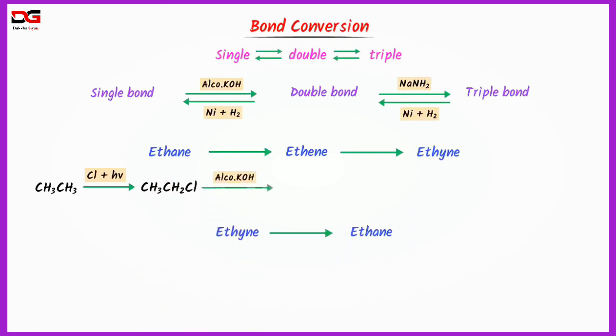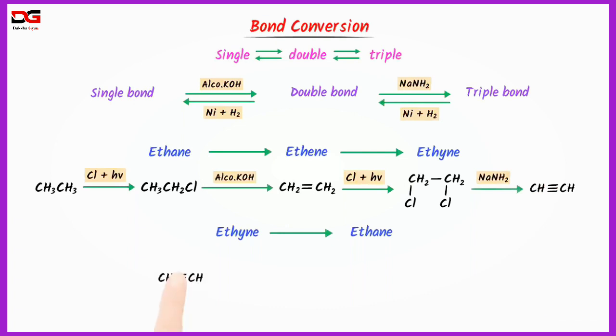Now I add alcoholic potassium hydroxide to it in order to do its dehydrohalogenation. I mean, I remove hydrogen and chlorine from it. I get ethene. In this case, I write here ethene. I activate it. Now I will add sodium amide to it. I get ethyne.